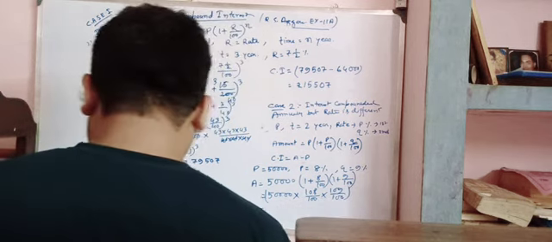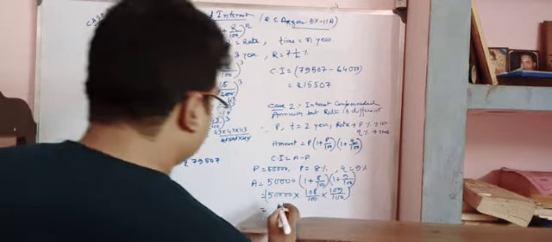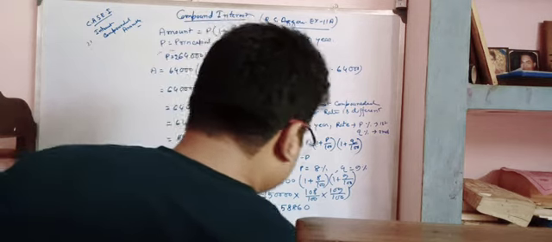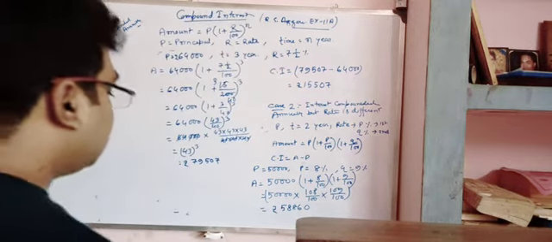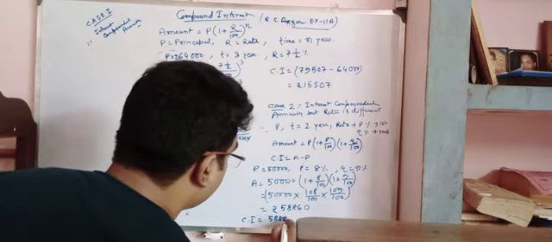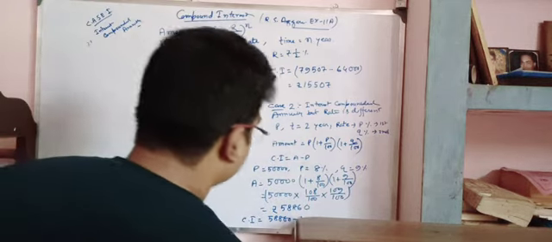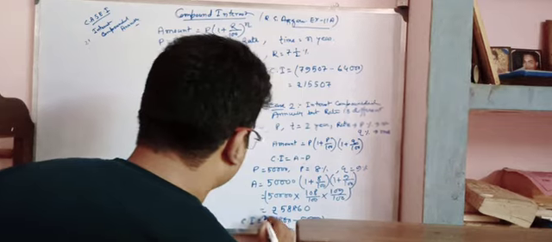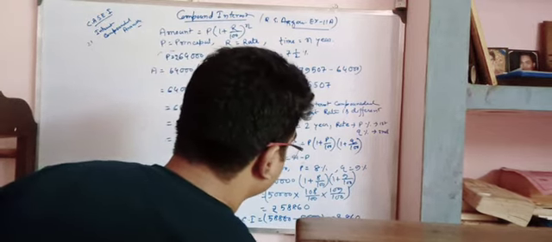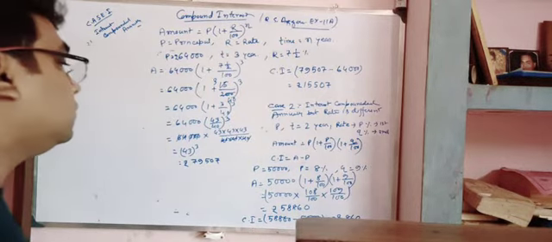After calculating that, we are getting a result 58,860. So this is my required amount. And what is my compound interest? 58,860 minus 50,000, that's equal to 8,860 rupees. So this is my case 2.